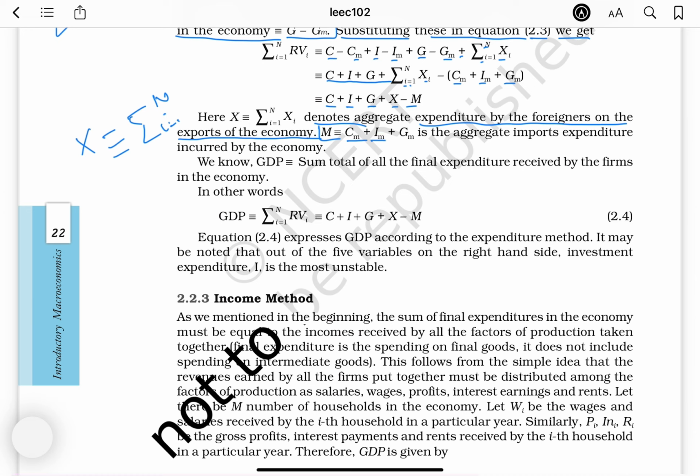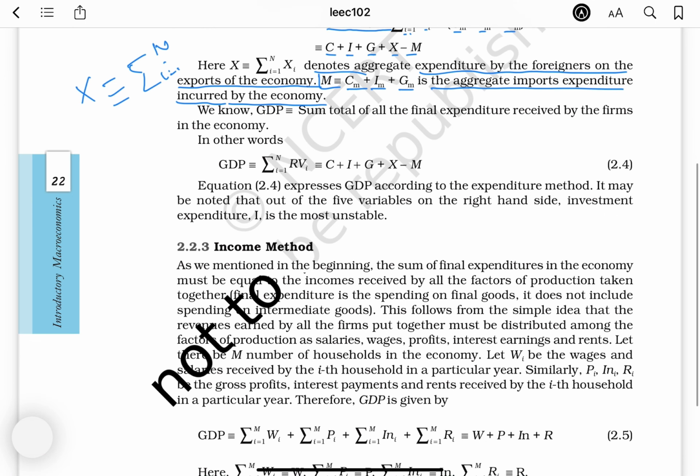M equals Cm plus Im plus Gm is the aggregate import expenditure incurred by the economy.